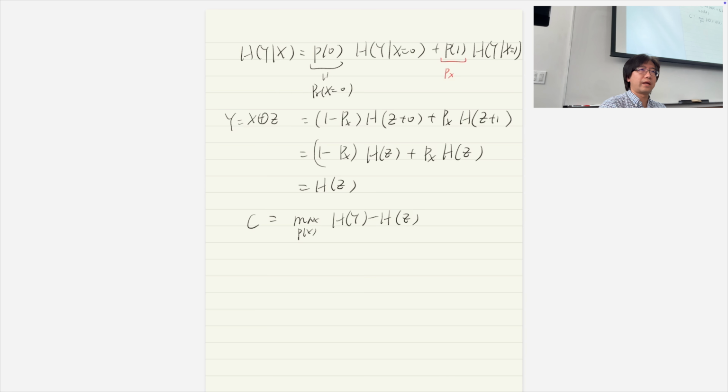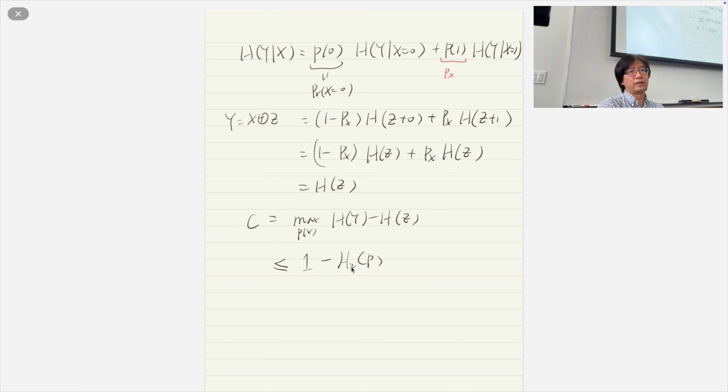But one thing we can get here is an upper bound. We know the upper bound of H(y) is 1, so this will be less than or equal to 1 minus H(z), where z is Bernoulli, so we just use the binary entropy function to denote it. So we know the capacity will be less than or equal to this.